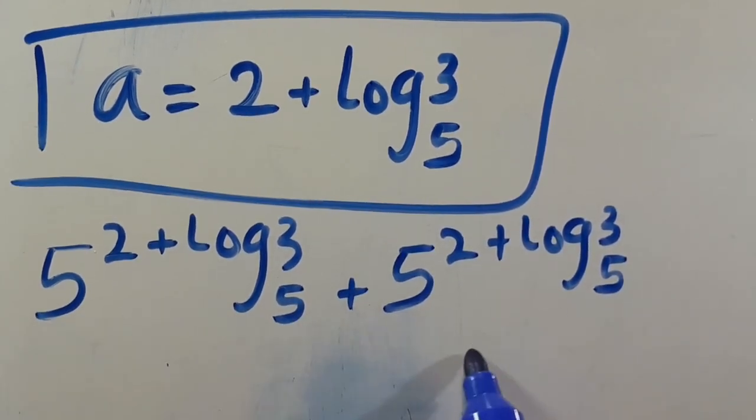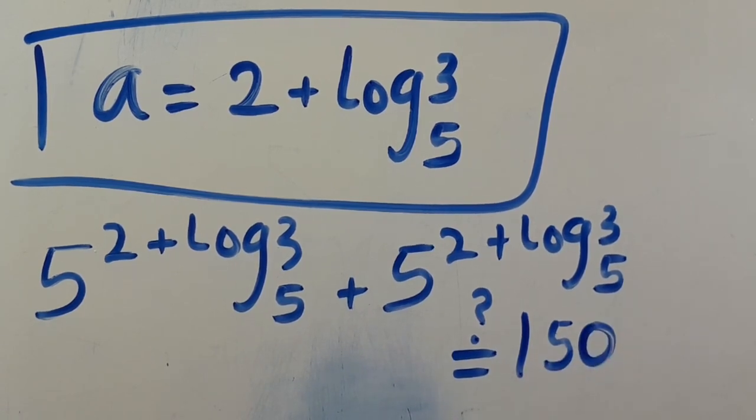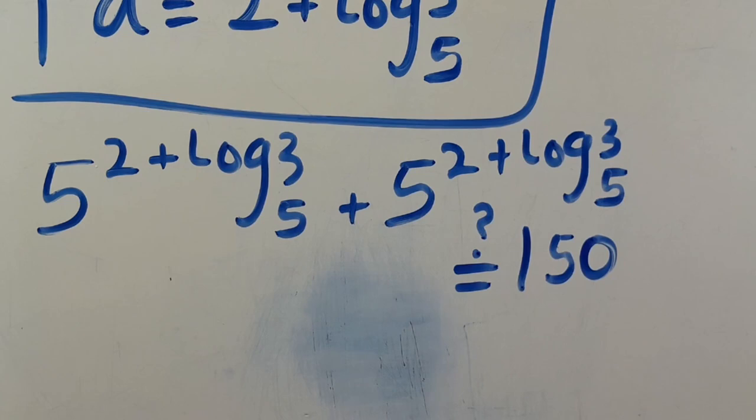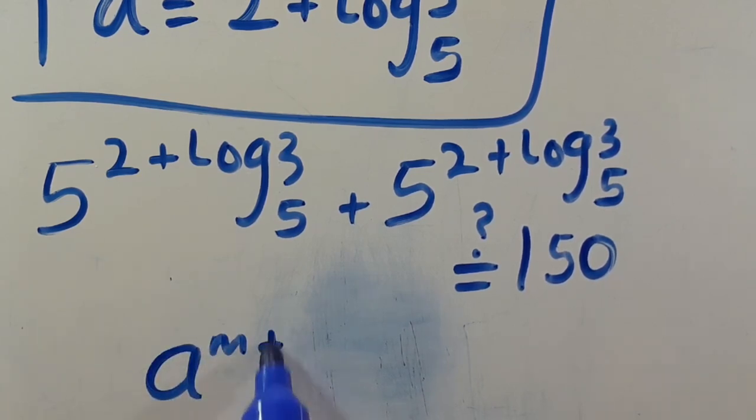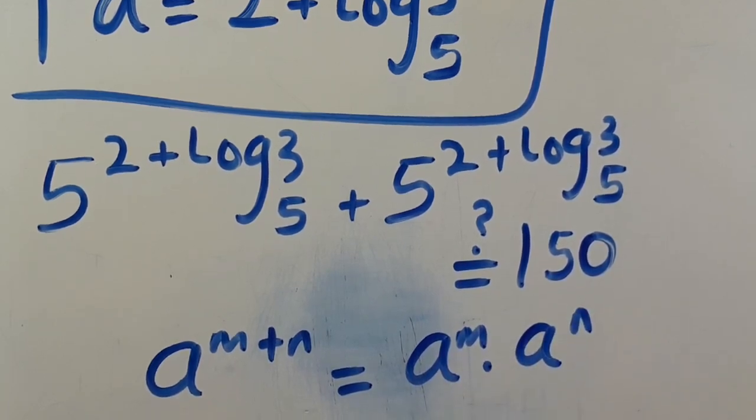Then are they going to give us 150? Then we can have this: when you have a to the power of m plus n, this is equivalent to a to the power of m times a to the power of n.